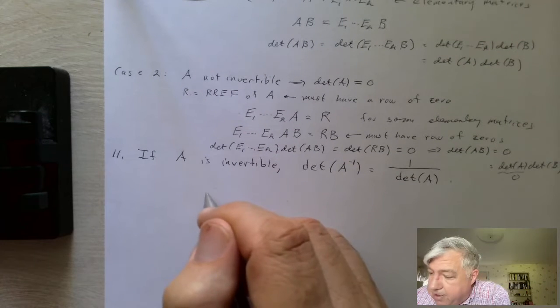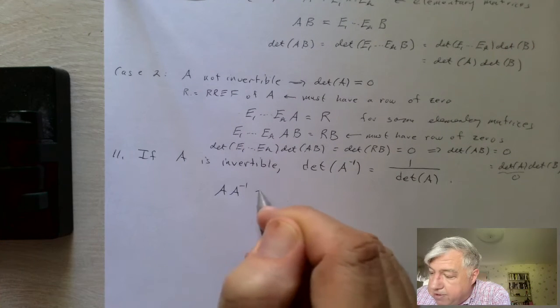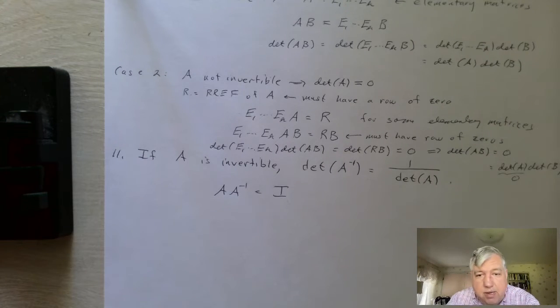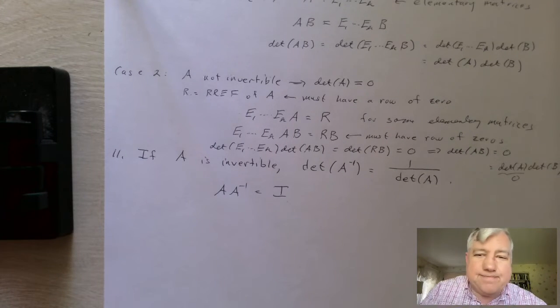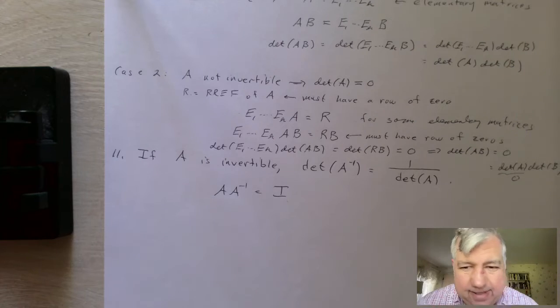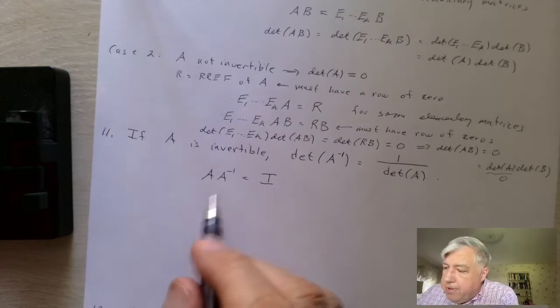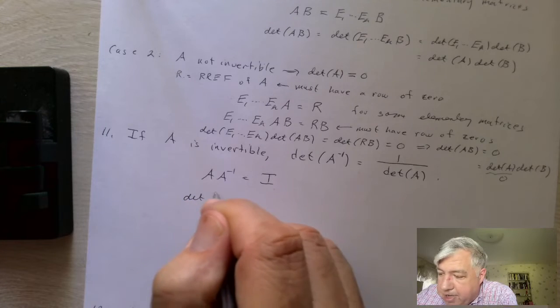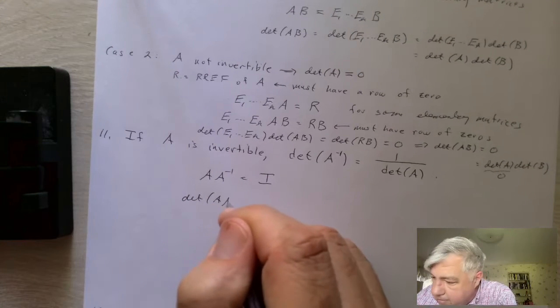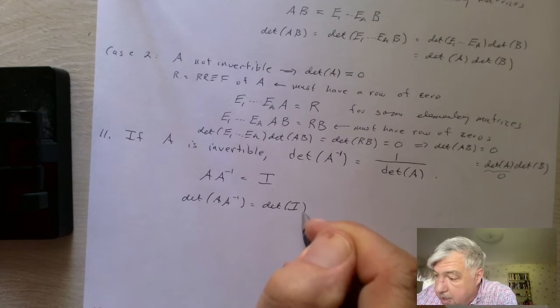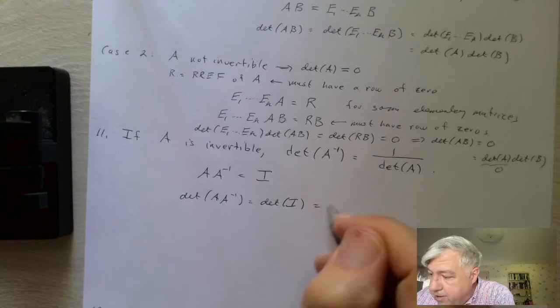The reason for that is that A times A inverse is equal to I. So we take the determinant of both sides. The determinant of I is just 1.